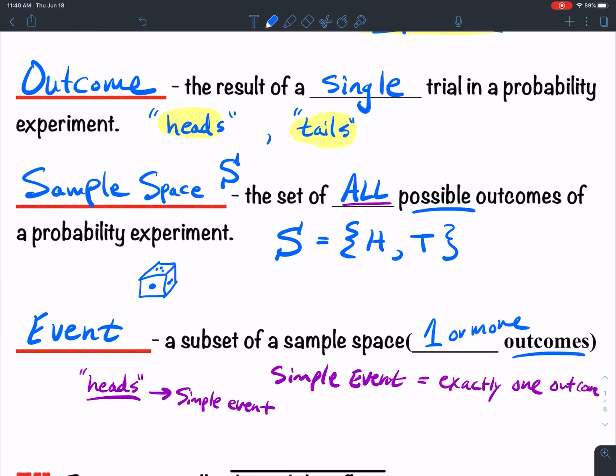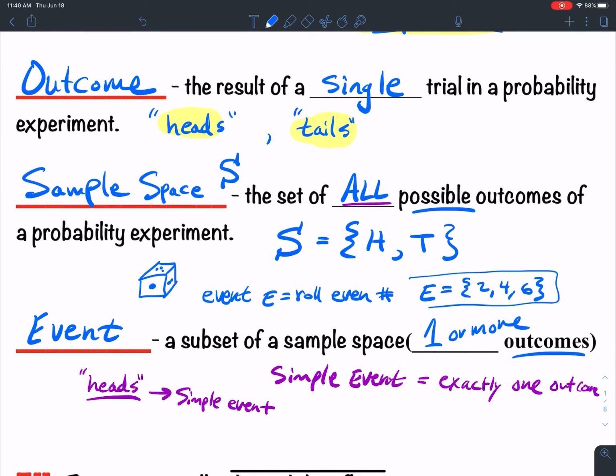So say you have the event E, you roll an even number. What are the outcomes for event E? Well, E could be a 2, a 4, and a 6. And that would be a regular event because it has one or more outcomes. There are 3 ways to get an even number.